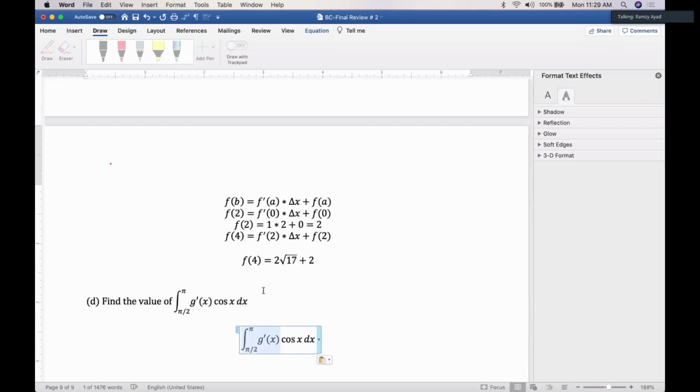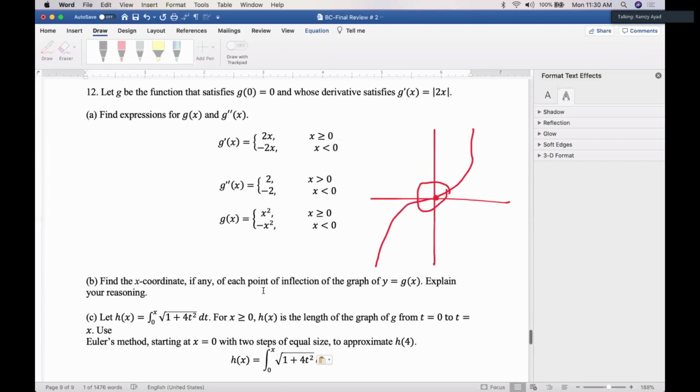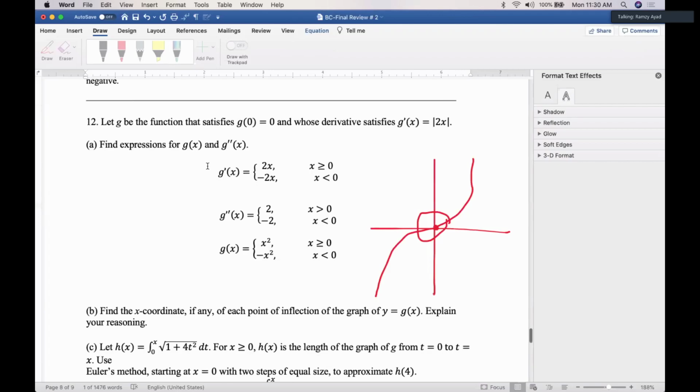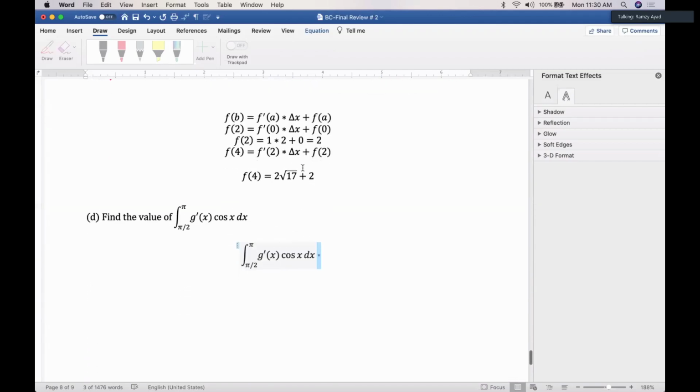I'm not going to substitute with a piecewise function, but can I substitute it with something from this equation? This is the g prime. I'm copying it here so everybody can look at it and say, would I be able to substitute this in there? Because it's from pi over 2 to pi, that means it's positive.